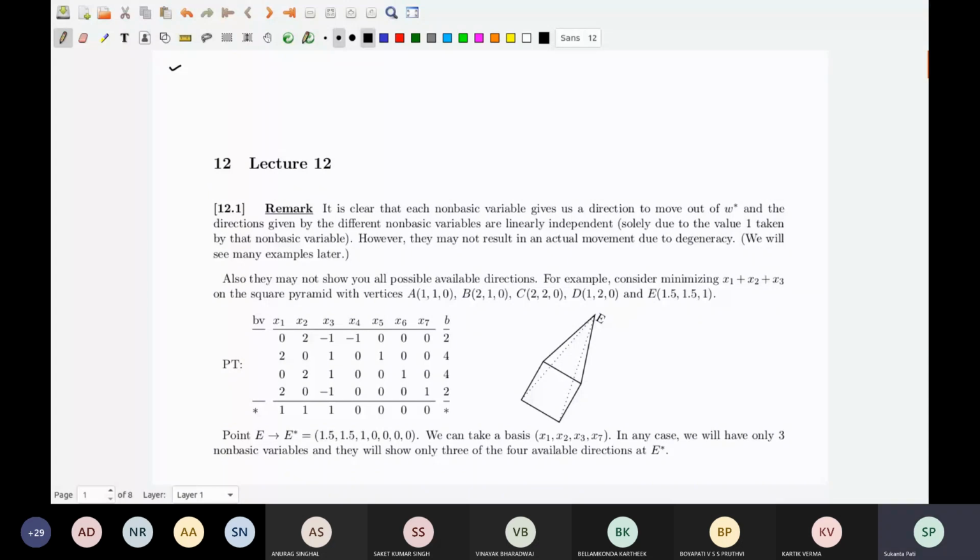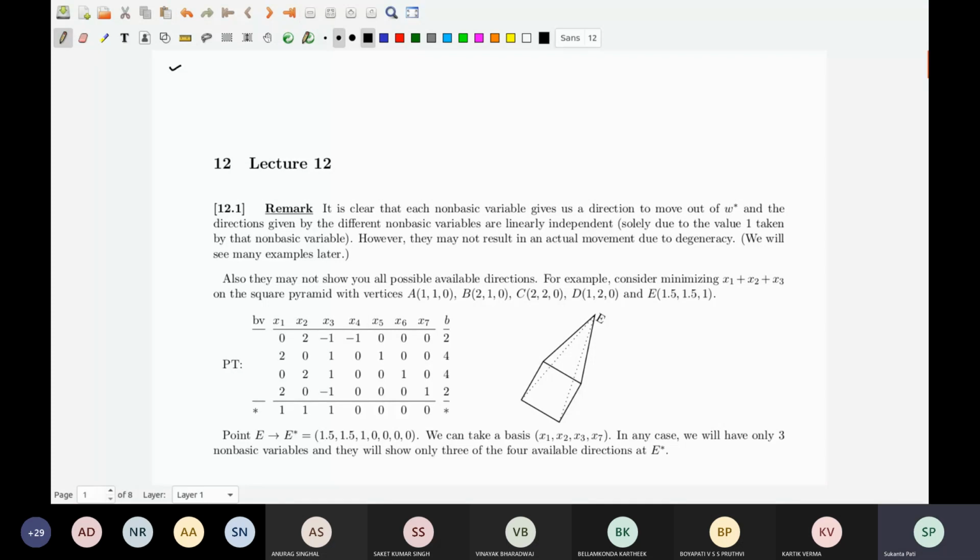If we move in the direction given by one non-basic variable, then the value of the objective function will change by the amount of the corresponding relative cost factor. Okay, that we observed. So that is fine. Based on that, we'll have the simplex algorithm.